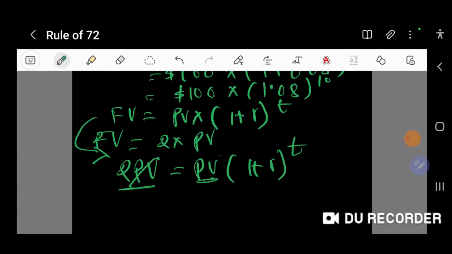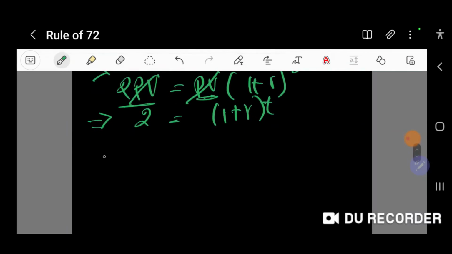So you can cancel out FB. This simplifies to 2 equals (1 plus R) to the power T. Then if you know about logarithms, you can take logs of both sides.